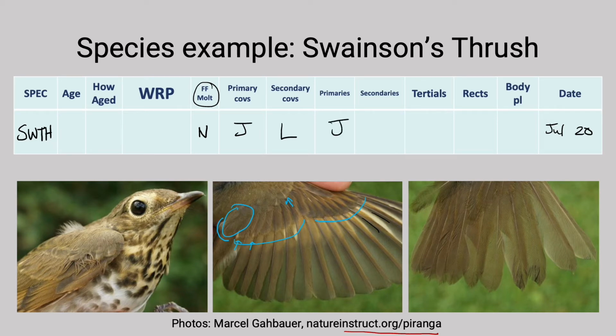The secondaries are a little bit clearer. If you've ever seen basic secondaries on a Swainson's thrush, they're like a huge, chunky, nice rectangle, and these are a little bit narrower. They're definitely tapered. They're definitely frayed. So those are juvenile secondaries. Unfortunately, we can't really see the tertials. They've been cut off, so we're going to have to leave that blank for this bird.